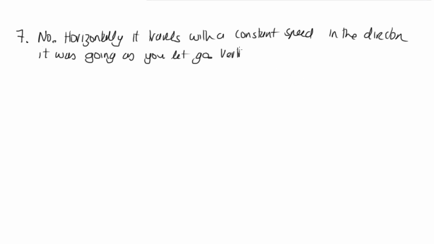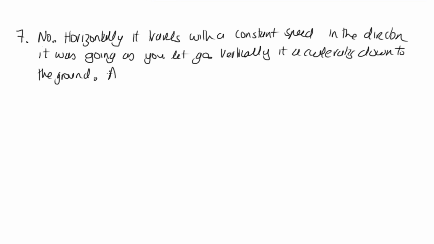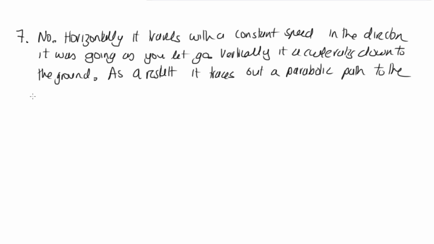So vertically, it accelerates down to the ground. So as a result, it traces out a parabolic path to the ground. So when you let go, it goes like that if it's initially traveling this way.